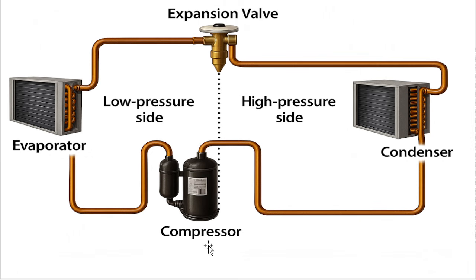Because the compressor has compressed the vapor, and the temperature also increases, so pressure is high. But once that vapor or liquid, mostly liquid, crosses this expansion valve, the pressure decreases significantly. Temperature also decreases significantly. So the left side is the low pressure side, and the right side is known as the high pressure side.